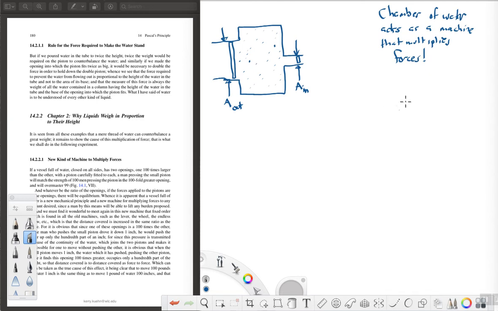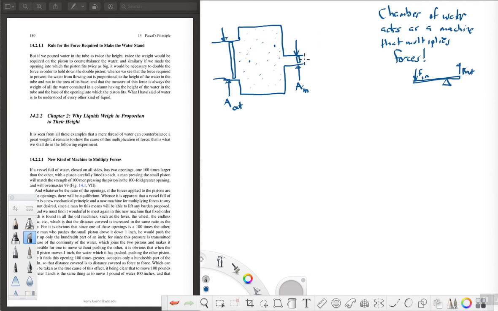As a reminder, if you have a lever like this, and you apply a force on this side, we'll call that the force in, you get an output force on this side, and that output force can be much larger than the input force because of the way that the lever is configured.